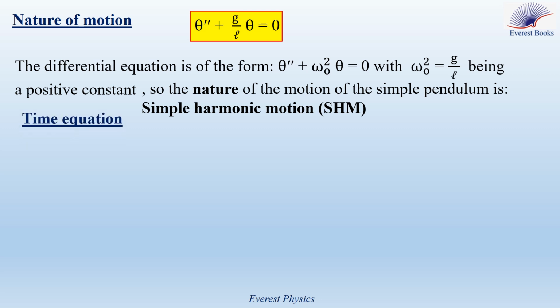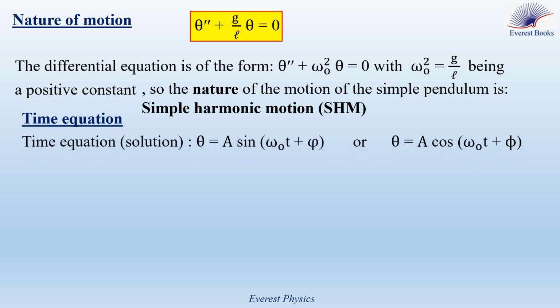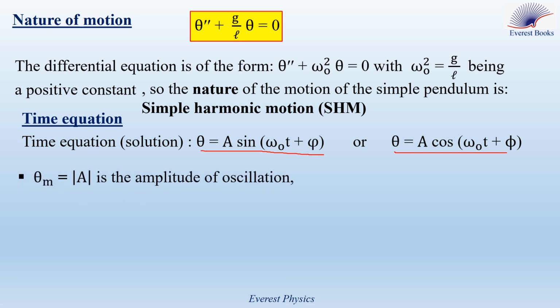Now let's move to the time equation, or the solution of the differential equation. So the solution could be A sine(omega 0 t plus phi), or A cosine(omega 0 t plus phi). Now, what is A? The absolute value of A is equal to the amplitude of oscillation theta m. Recall that the amplitude is a positive quantity.